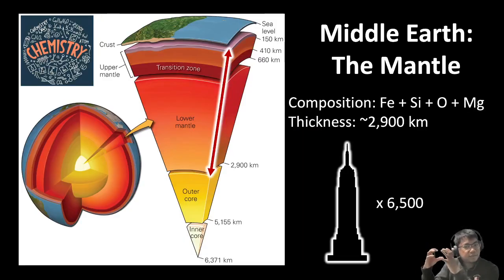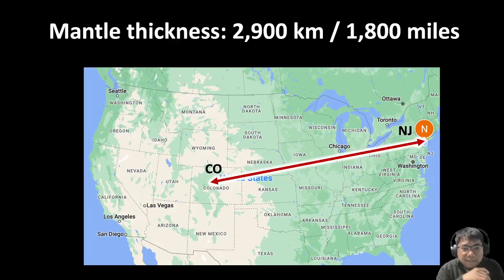So that was just for the crust, which is the thinnest part of the earth, the outermost part of the earth, right? What about the mantle? The mantle is probably the thickest part of the earth based on its composition. It goes up to 2,900 kilometers, and you can fit about 6,500 Empire State Buildings.